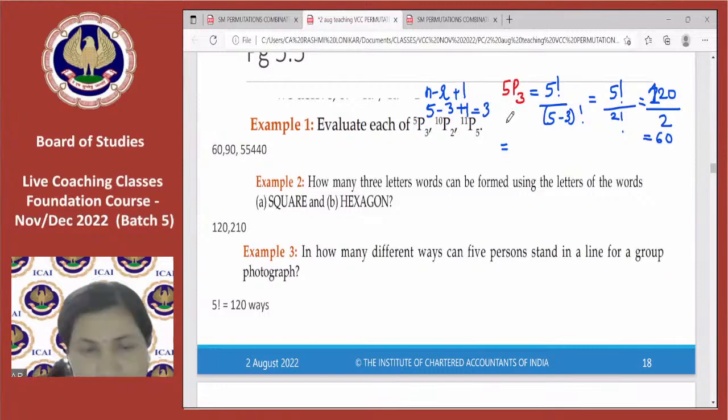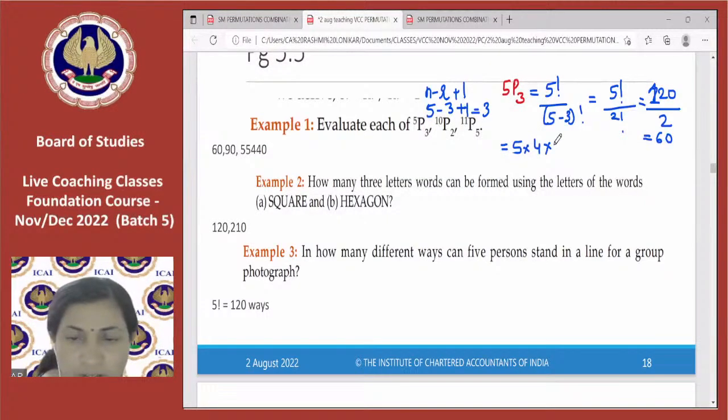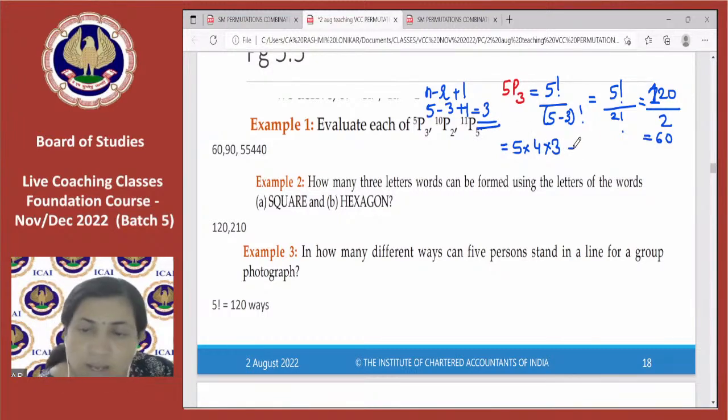So 5 into 4 into 3, because I have to go up to 3, which is equal to 60. Okay, so this is using nPr.